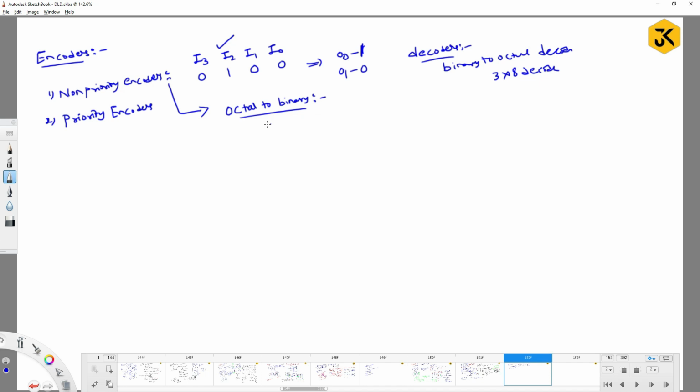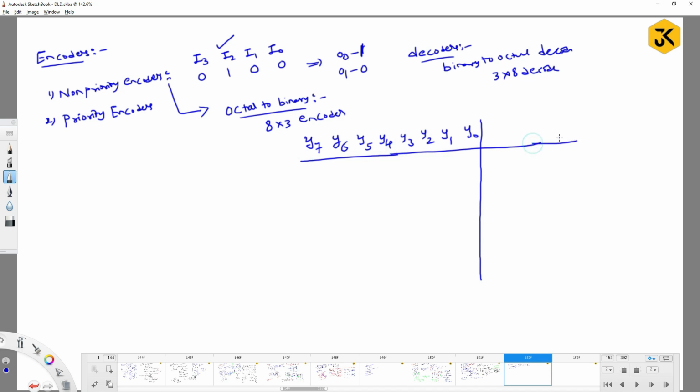So what kind of encoder is required here? An 8/3 encoder is required. What might be the inputs? Y7, Y6, Y5, Y4, Y3, Y2, Y1 and Y0. These are the inputs you need to pass. And what might be the outputs? O0, O1, O2.